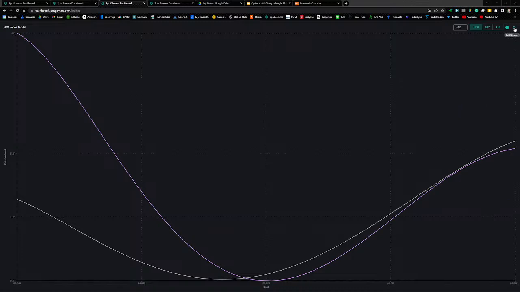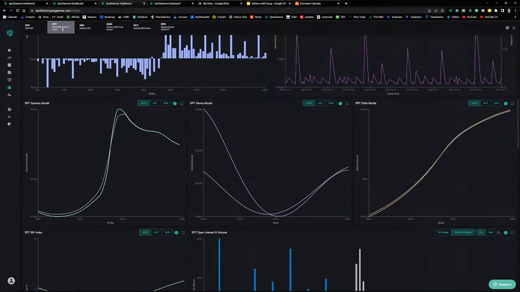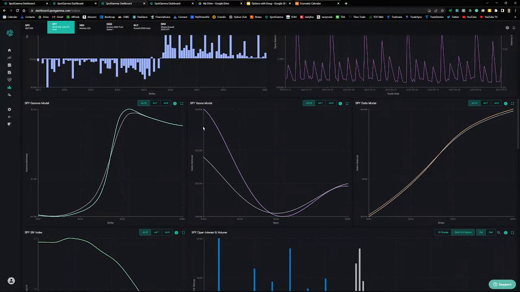All right, let's take a look at the Vanna model for SPY. So today we saw that gamma notional for SPX was just slightly positive and much more negative for SPY. So right now SPY is trading right at 438.